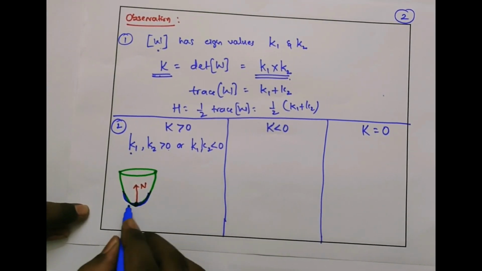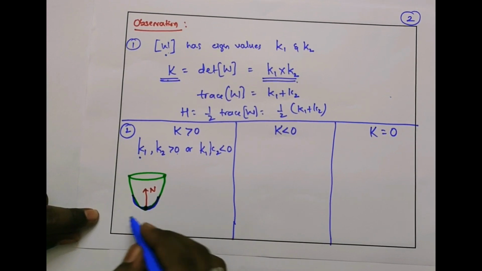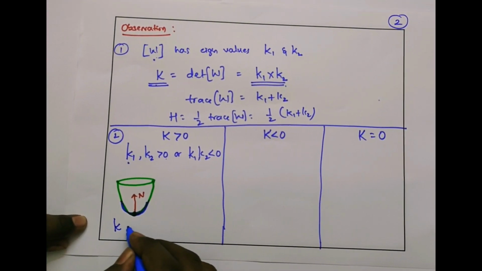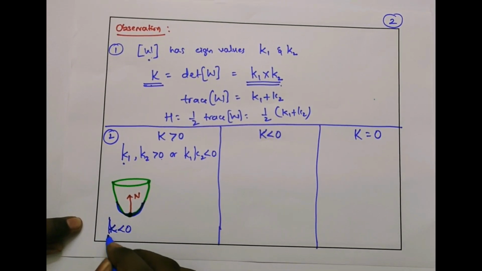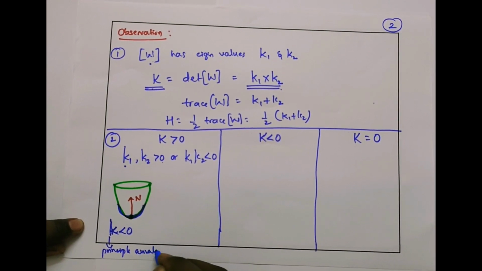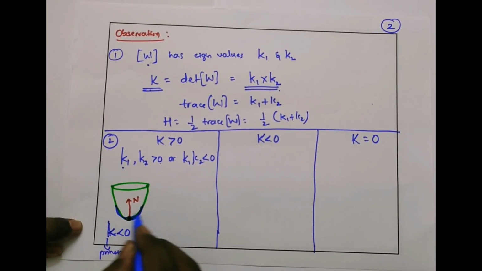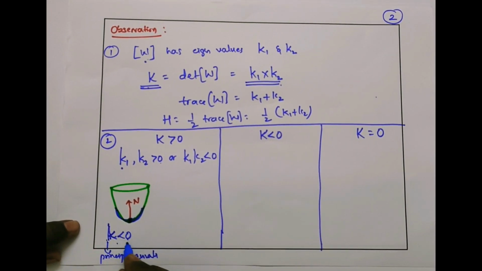Could you see that? So wherever you have this curve, it is like up towards the normal. In this case you will have your principal curvature less than 0. Closely observe this. I am writing it as a small k, which means it is the principal curvature. So in this position you have the principal curvature less than 0.